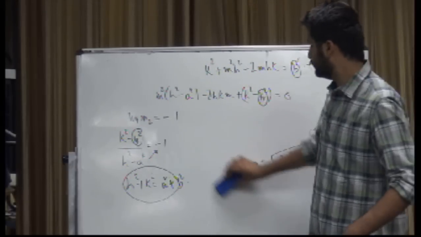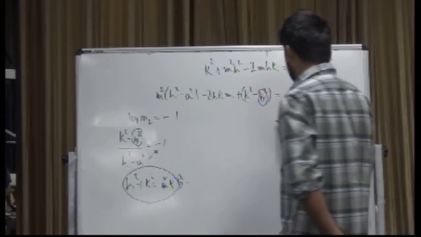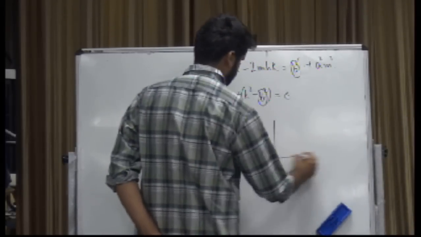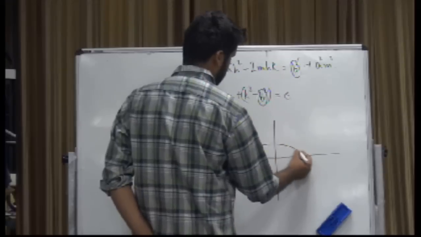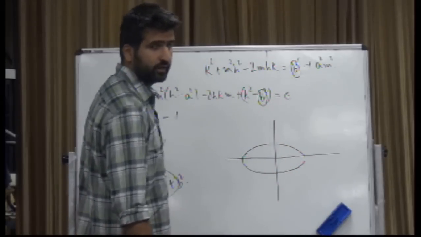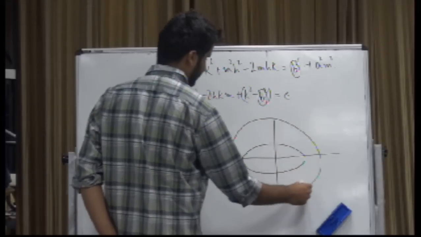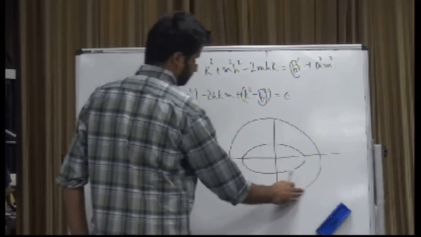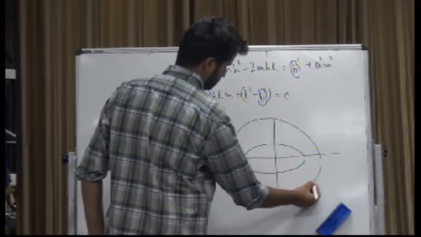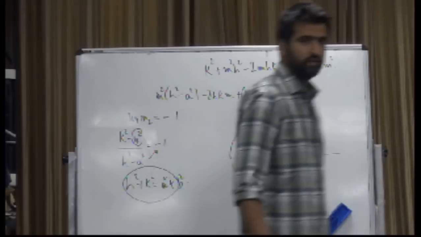If we try to see this with reference to an ellipse, this is an ellipse. The director circle will be a circle going like this.